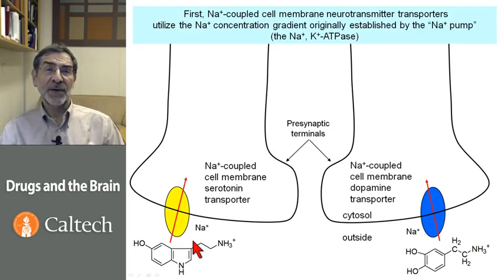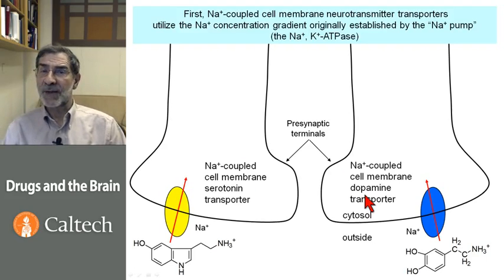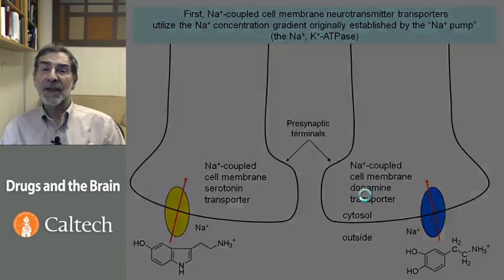But we have here in the plasma membrane the sodium-coupled cell membrane neurotransmitter transporters, and here we are depicting either the one for serotonin or the different one for dopamine. As we'll see, there are several classes of sodium-coupled cell membrane neurotransmitter transporters.